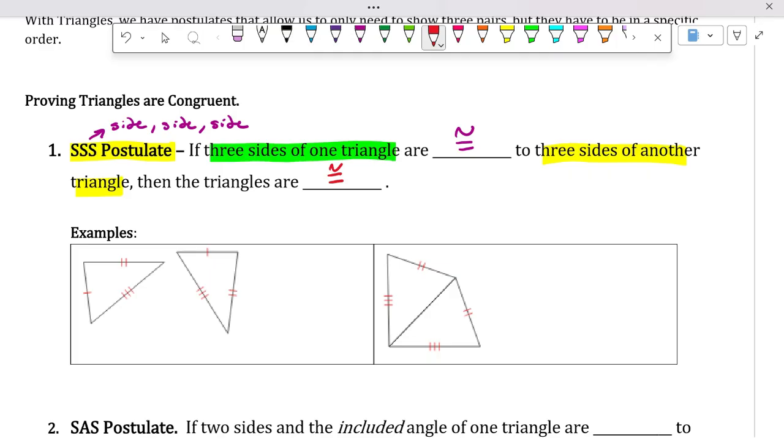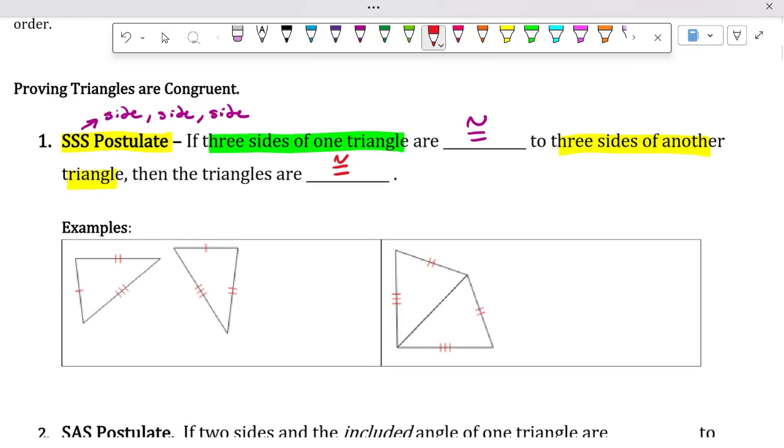Thank you. All right. So, same size, same shape. Well, the sides of a triangle control its size. The angles control its shape. So, if all 3 sides are congruent, automatically they're the same size. And because the sides are congruent, that means they will meet at the exact same angle between the 2 triangles.